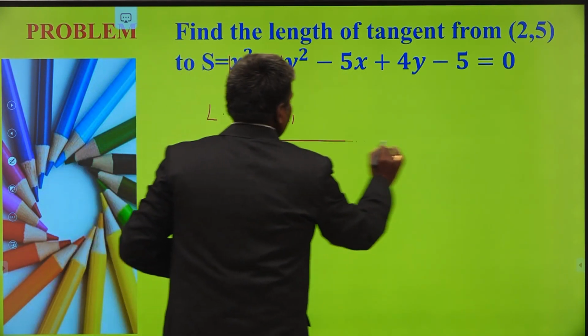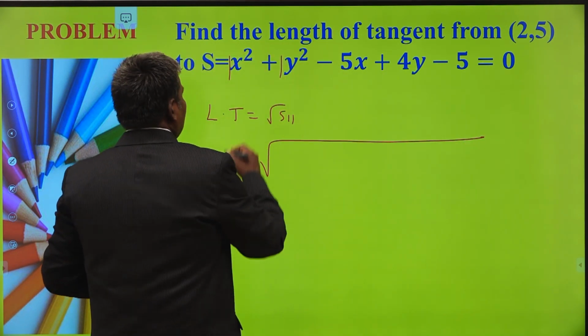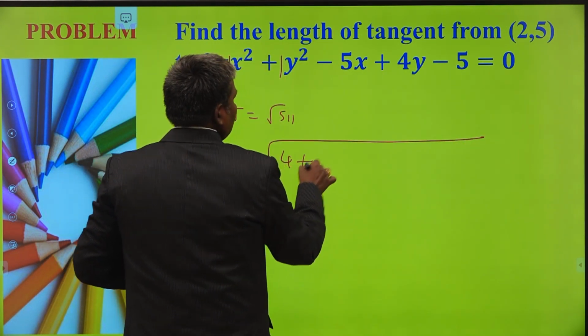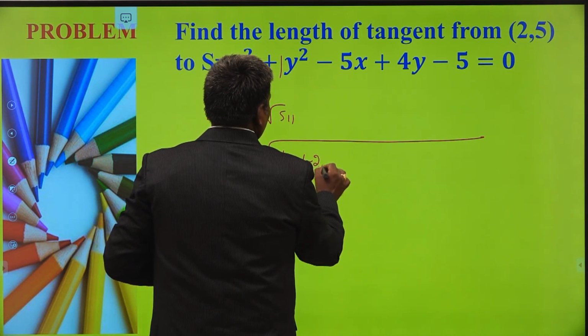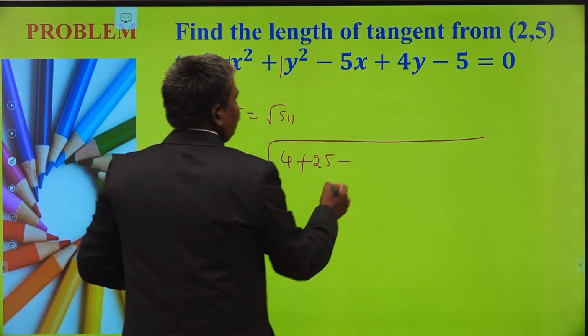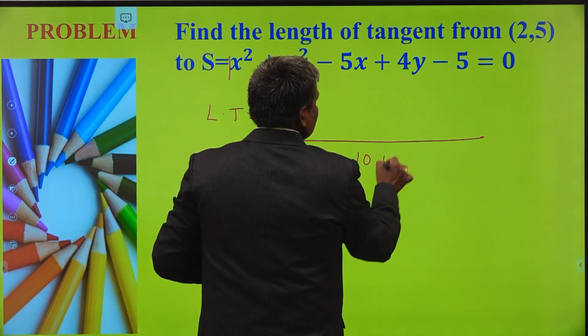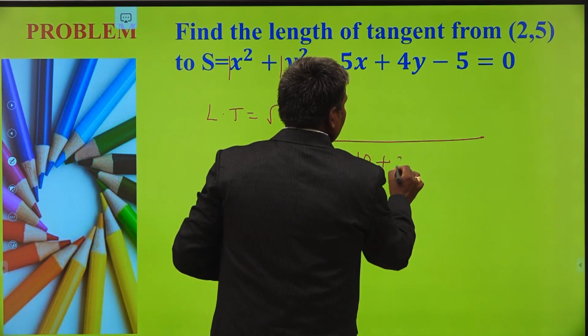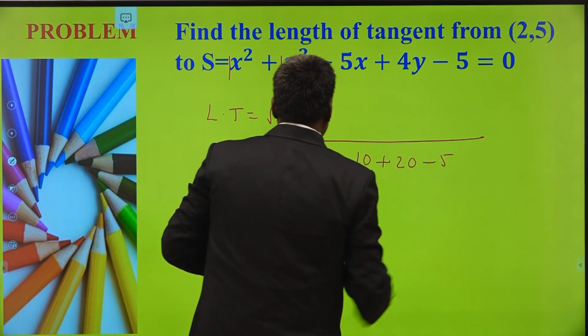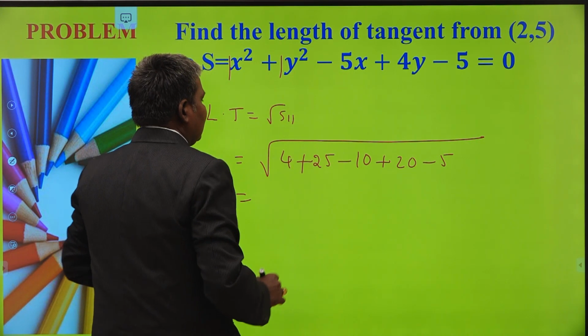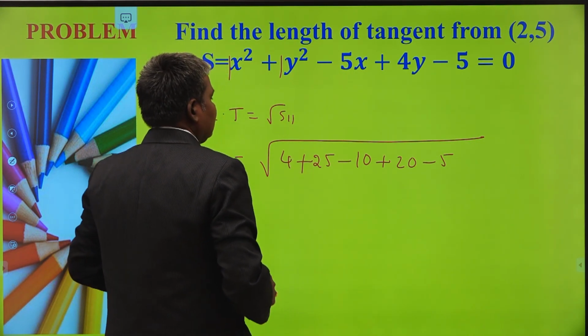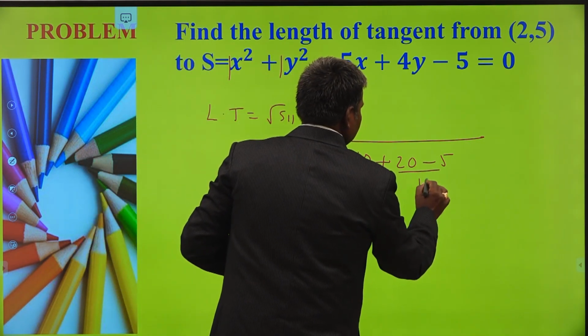So length of tangent is obtained by the square root of 2 square, which is 4, plus 5 square, which is 25, minus 5 twos are 10, plus 4 fives are 20, minus 5. This is the length of tangent from point P to the circle. This is 15.